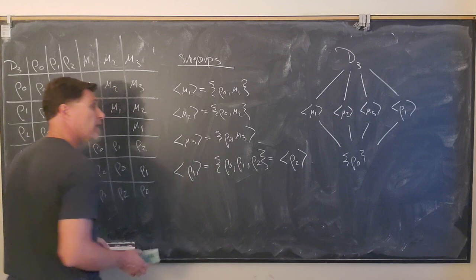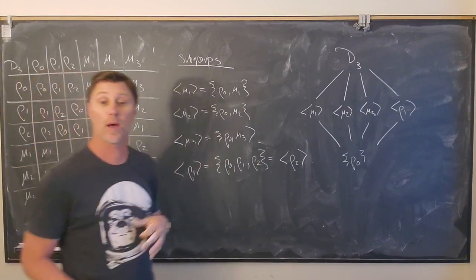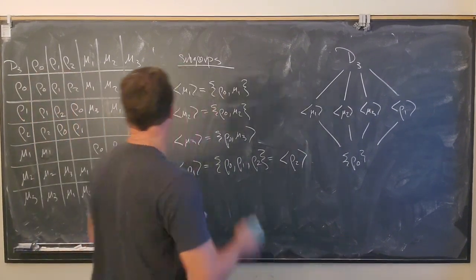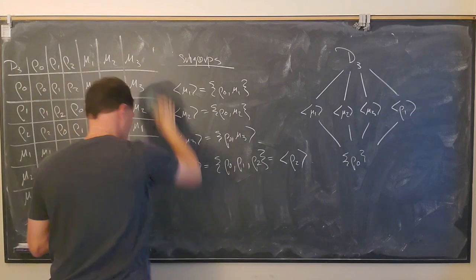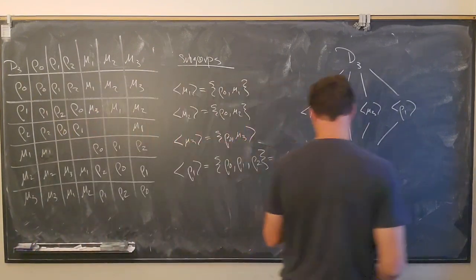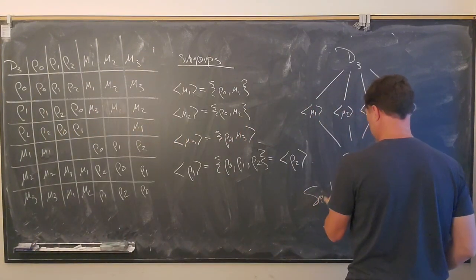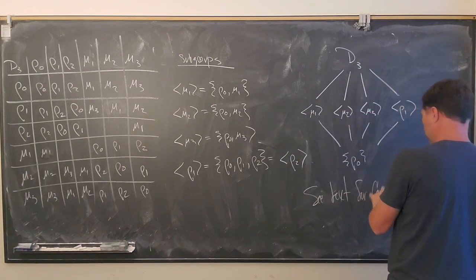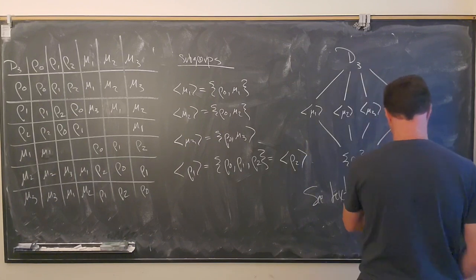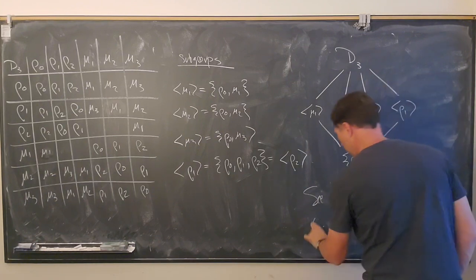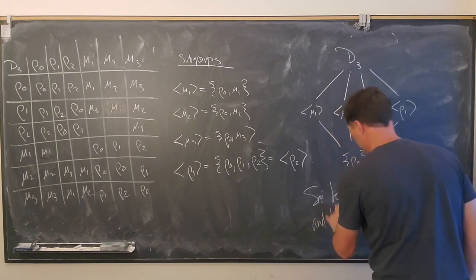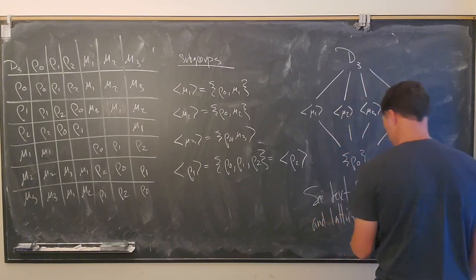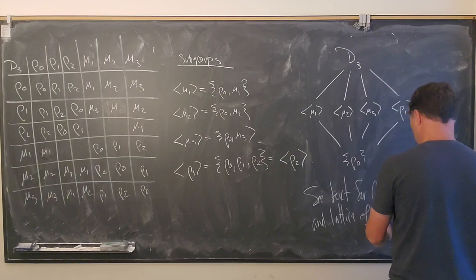In your book, D4, both the Cayley table and the subgroup lattice are given. So I'm just going to say, we'll finish it here. So see the text for the Cayley table and the subgroup lattice of D sub 4.